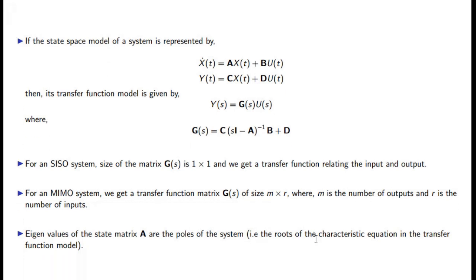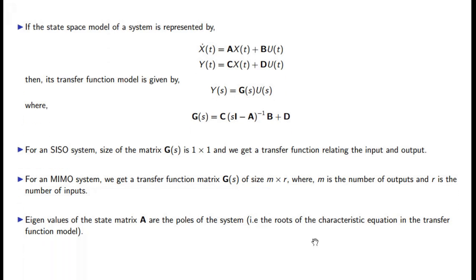Since the characteristic equation roots are the poles of the transfer function, we say directly that the eigenvalues of this state matrix are nothing but the poles of the transfer function model. These are the things that we learned in lecture 5, and in lecture 6 we did some numerical problems to understand the concepts a little more.